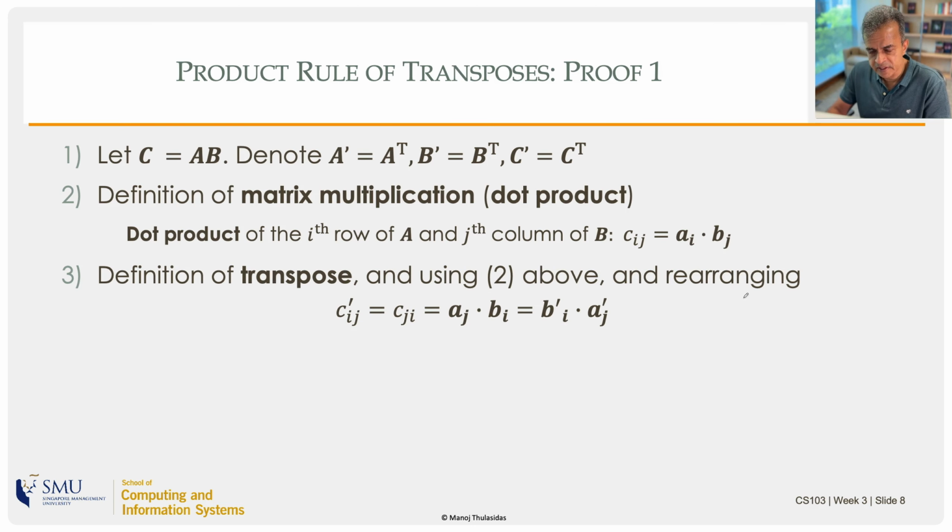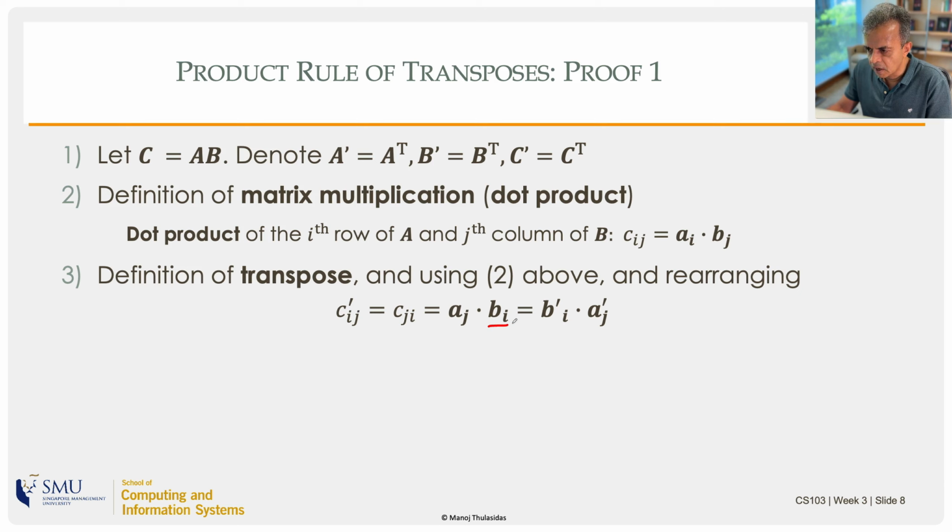And by the definition of the transpose, Cij prime, which is the ith row, jth column of the transpose, is the same as Cji, so jth row of the first matrix, ith column of the second matrix, and that turns out to be Bi prime dot Aj prime.